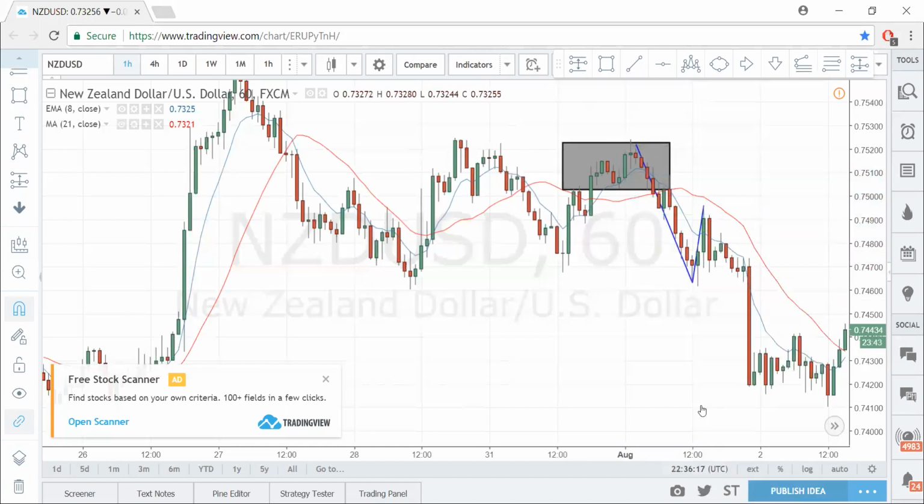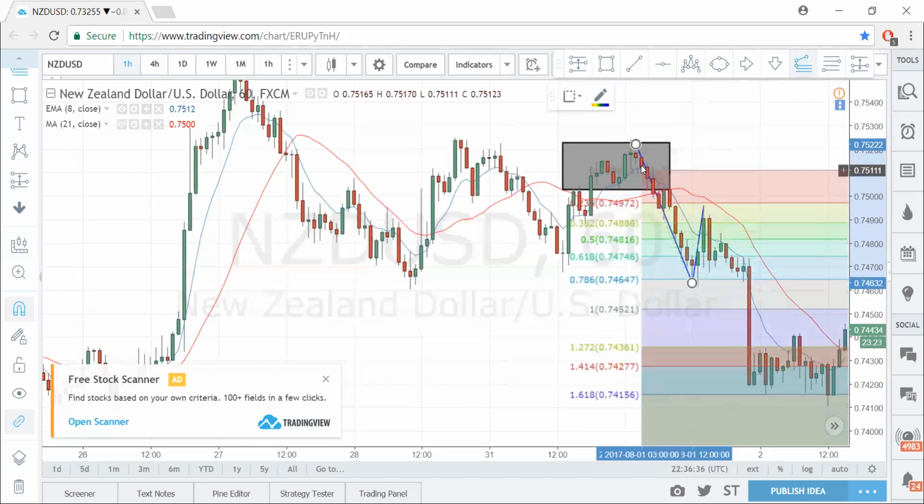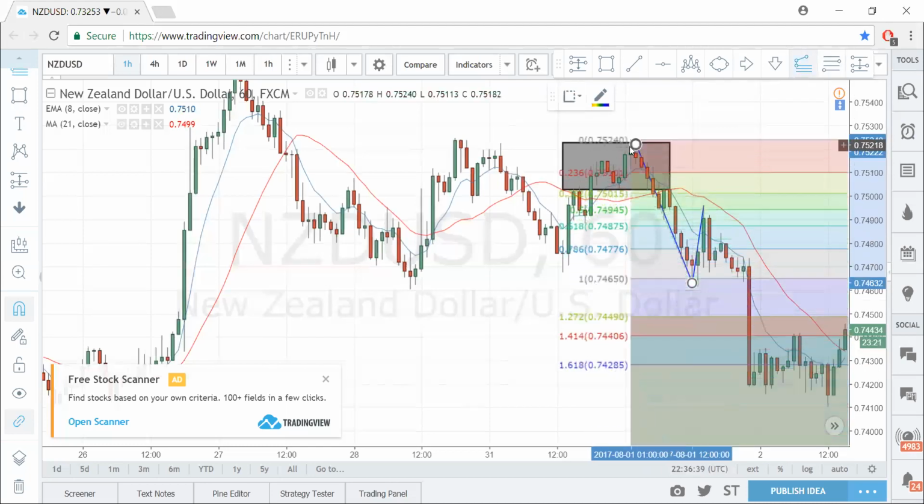What you do is you use your Fibonacci extension. The same way you plot from up, because it's a bearish move, you start from up, drag it all the way down to where price turned at, right? Click there and drag all the way back up again. Once you're here, you click again.